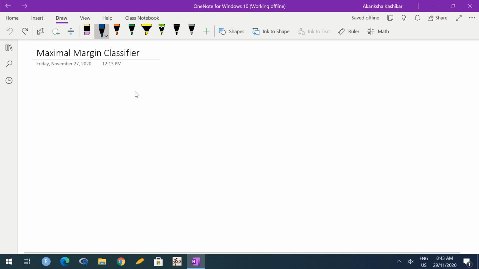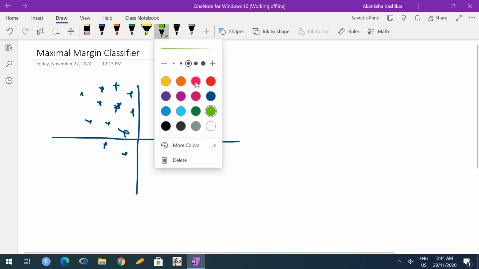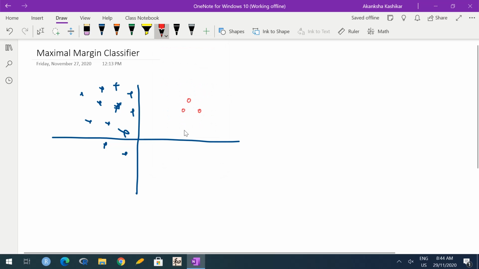So for the sake of convenience, let us assume that we have bivariate data. Suppose this is first group of observations, and suppose our second group of observations is this. Now what is the first thing that comes to your mind after seeing this picture? You can see that the two groups are fairly well separated.